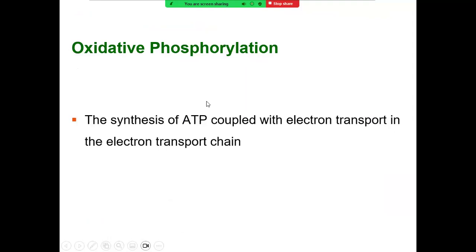And the electron transport chain is also called oxidative phosphorylation because ADP is phosphorylated, and it's aerobic respiration, which is why it's called oxidative. But I don't use the term oxidative phosphorylation. I'll just call it part of the electron transport chain.